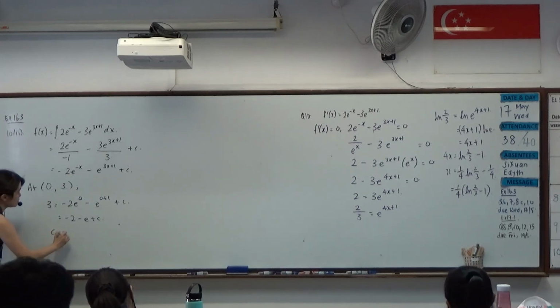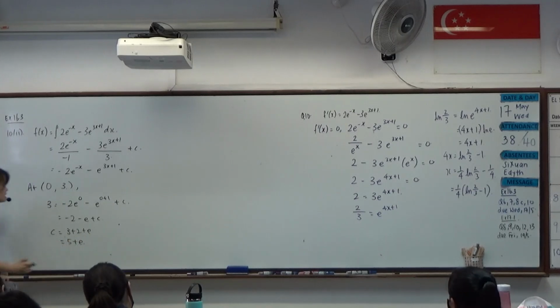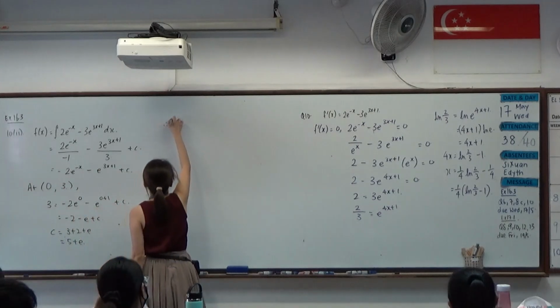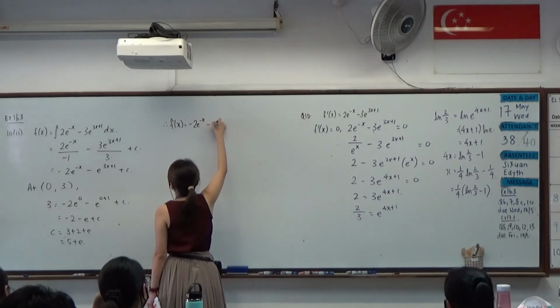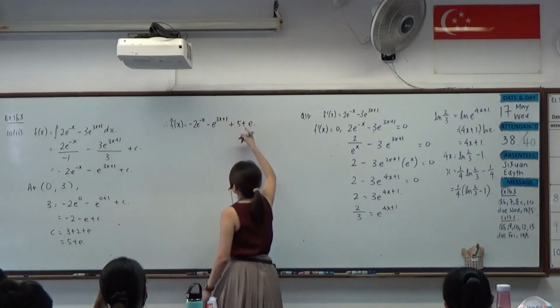And c is equal to 3 plus 2 plus e, which is 5 plus e. And therefore, our f x will be this function.